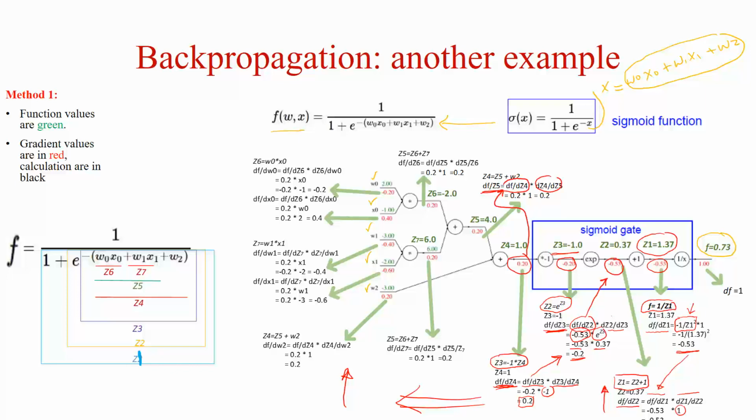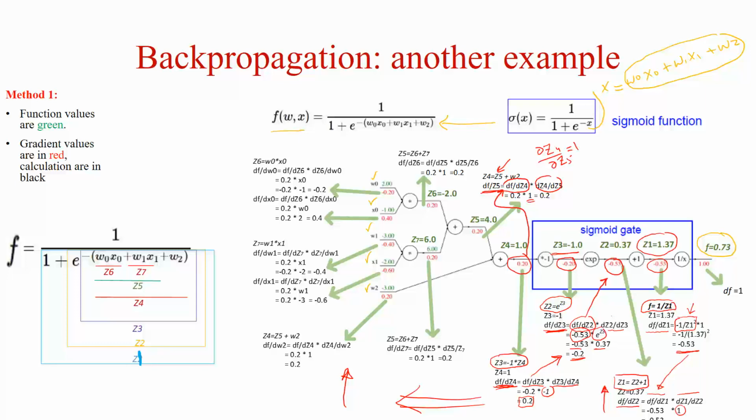I can get it from this equation right here, and clearly this equals 1. If you derive delta z4 with respect to delta z5 based on this equation, it should be 1, and this is where I plug in the 1.